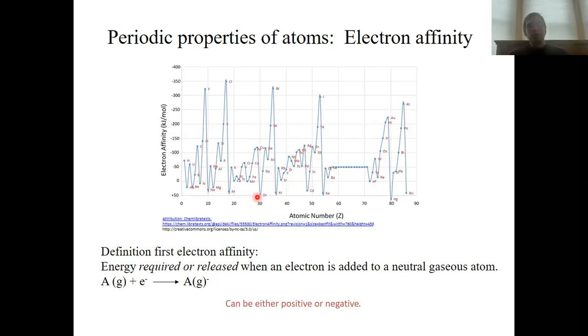So for instance, when you look at zinc, you see that zinc also has a positive electron affinity. And you can explain this by the fact that in zinc you have a full 3d subshell. And when you add an electron to a neutral zinc atom, then you have to fill it into a new subshell, which is energetically not a very favorable process.